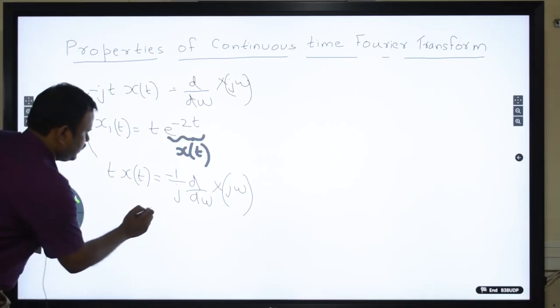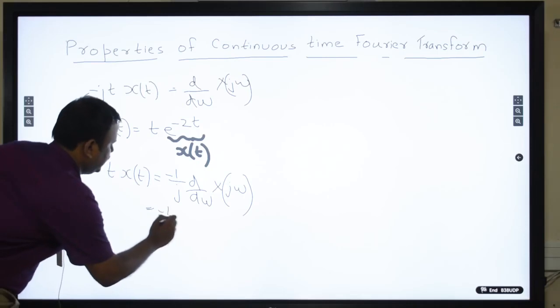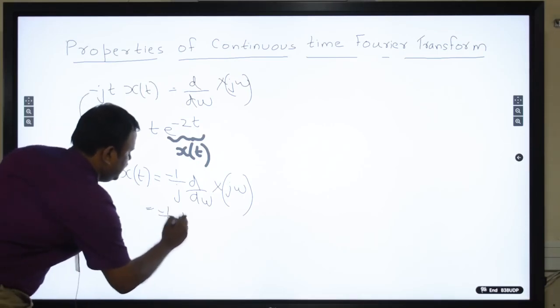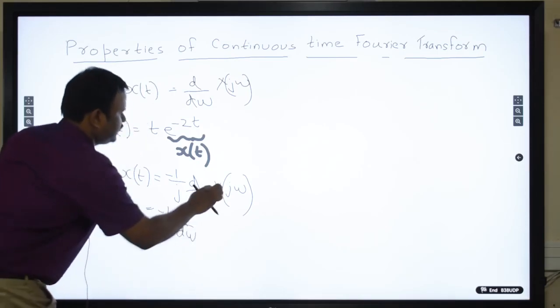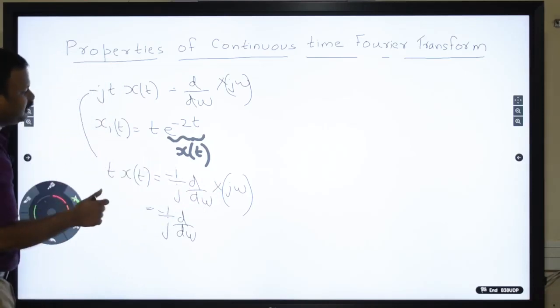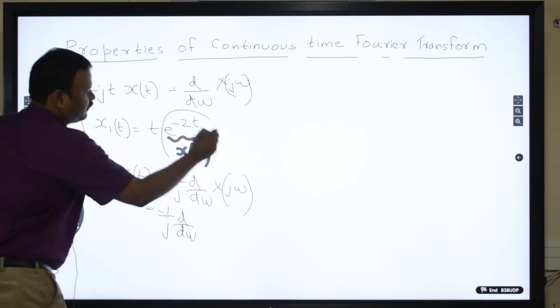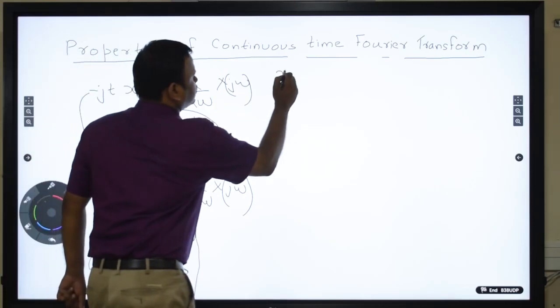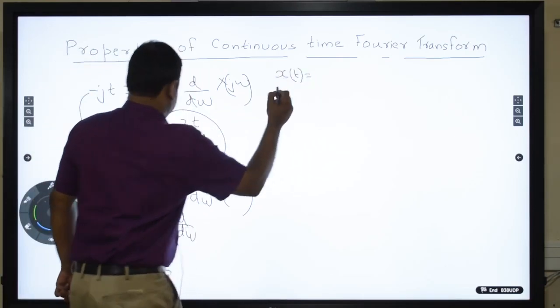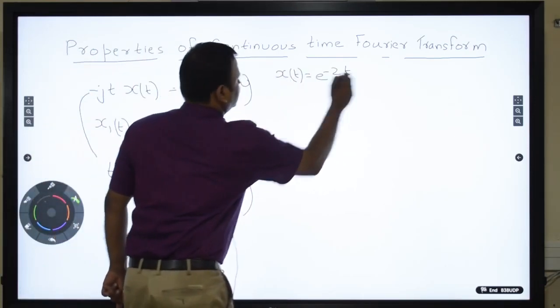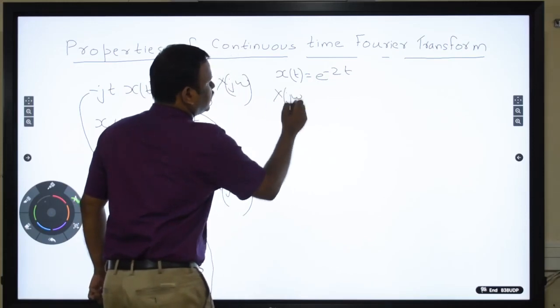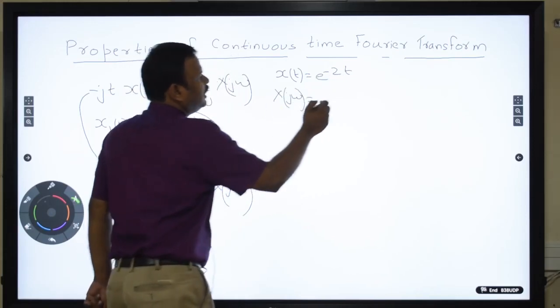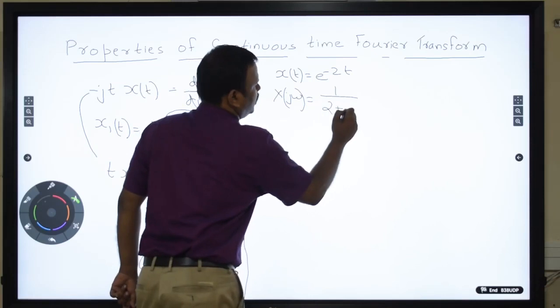So, this equals minus 1 over j d by d omega of X(j omega). X(j omega) is nothing but the Fourier transform of the signal x(t). So, x(t) is e power minus 2t. X(j omega) is the Fourier transform of e power minus 2t, which is 1 divided by 2 plus j omega.